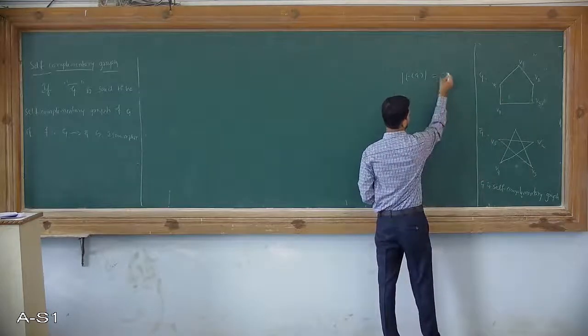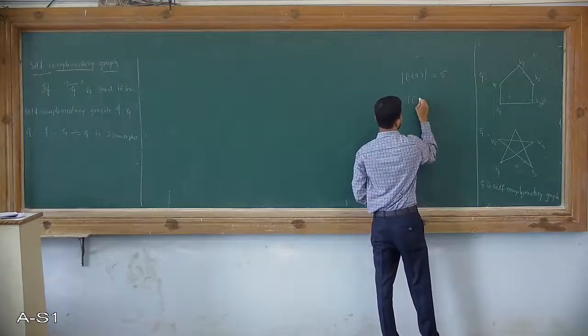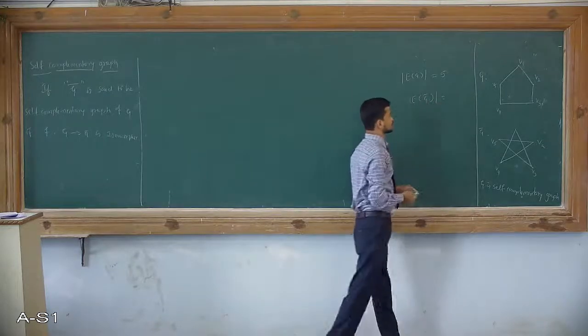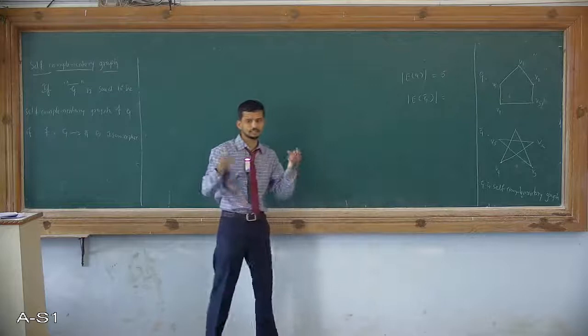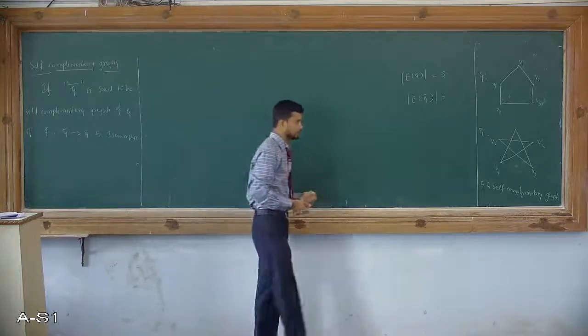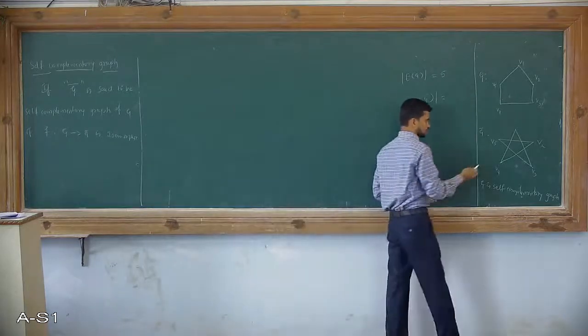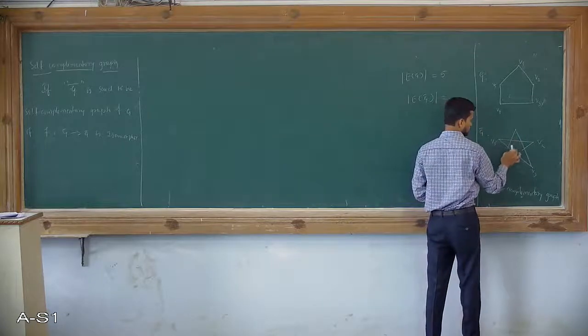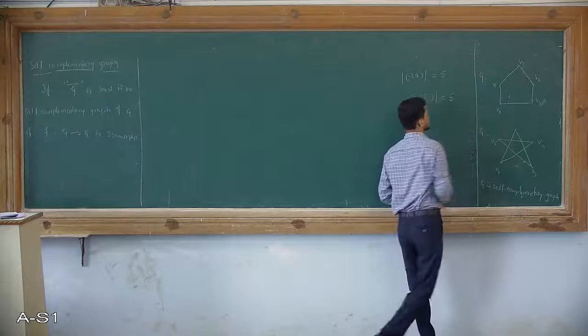Five edges. Similarly, how many edges are there in graph G bar? E of G bar stands for the cardinality of the edge set of G bar. The total number of edges is 1, 2, 3, 4, 5, again the same.